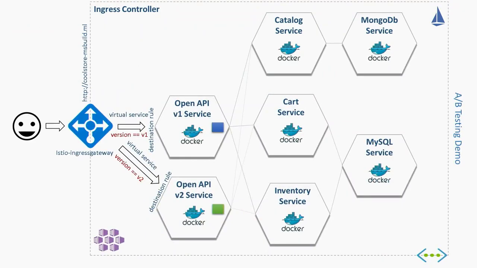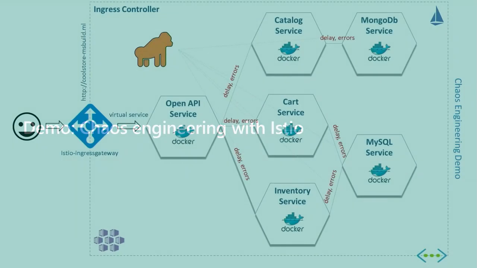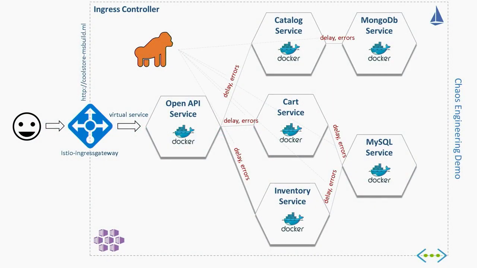Now let's turn to AKS Engineering. Let's say we have the feedback, we fixed the bugs and everything is fine. Now we have to do some kinds of testing, like delaying the traffic, and sometimes we need to throw some errors into the system to see how the application behaves. With Istio, we can do both kinds of actions.